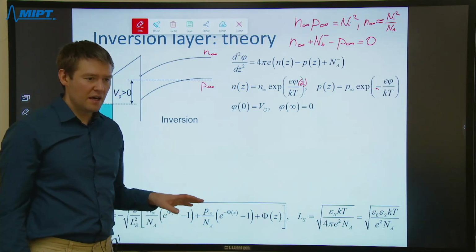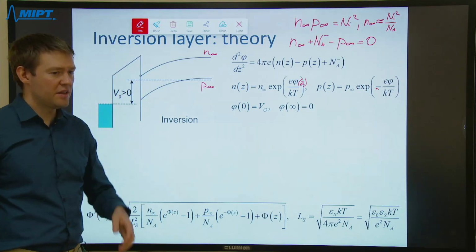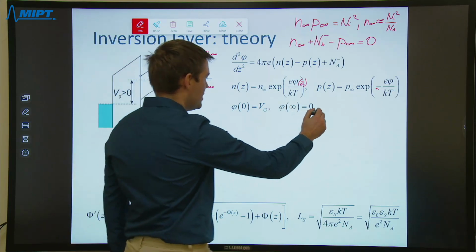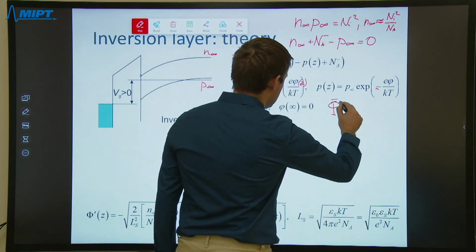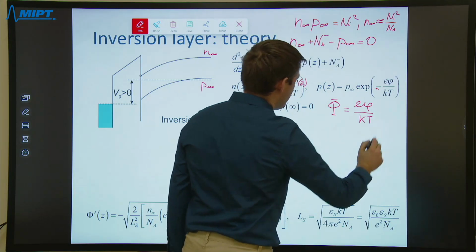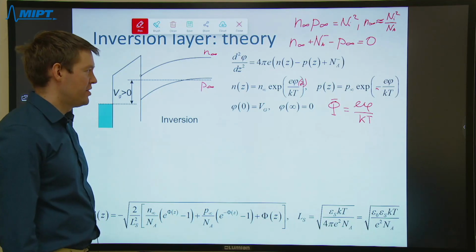So we probably started to solve this equation in the previous seminar. To do so, we introduced a new dimensionless potential, which is potential measured in units of temperature.